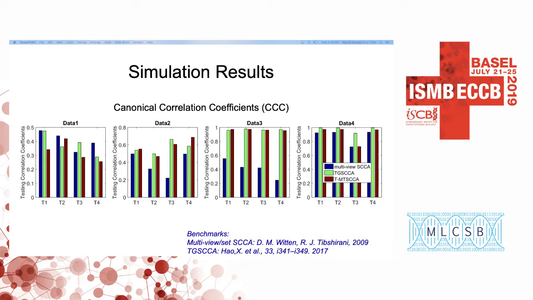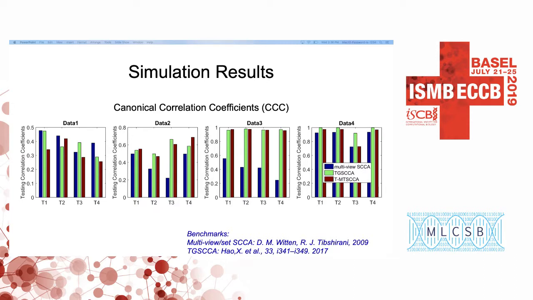This figure shows the results between our method and the two benchmarks, the multi-view SCCA and the TGSCCA. The correlation coefficients show that on the first data set, all methods work poorly when the noise is high. As the noise goes lower and lower, all their performance improves.